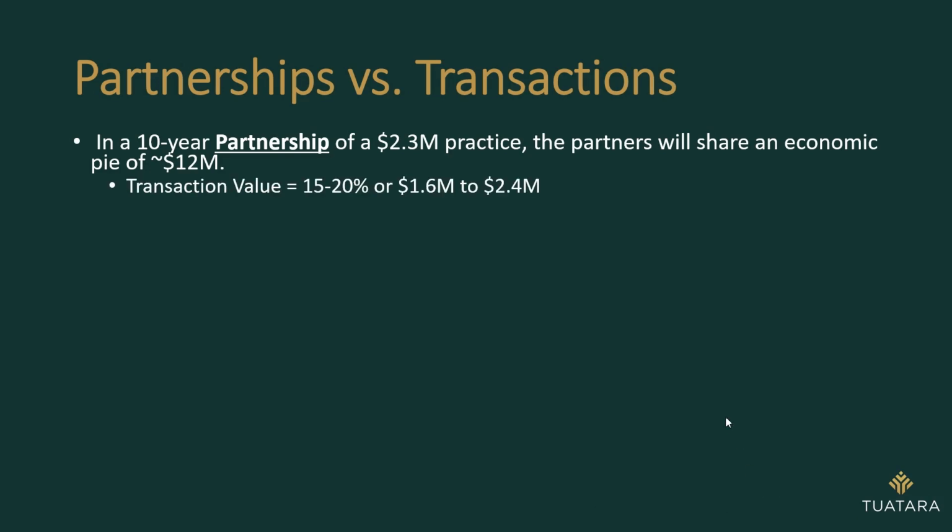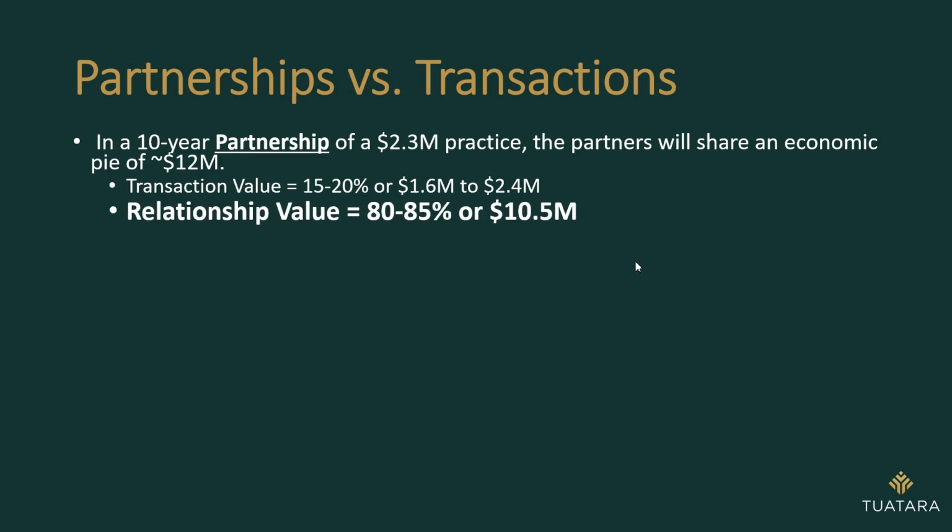Now, inside that total economic pie, the transaction value that we were just talking about is only going to comprise about 15 to 20% of the total economic pie, or about $1.6 to $2.4 million based on ranges of what that practice might sell.